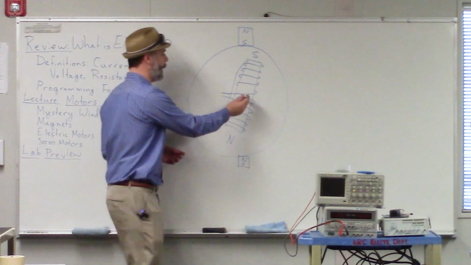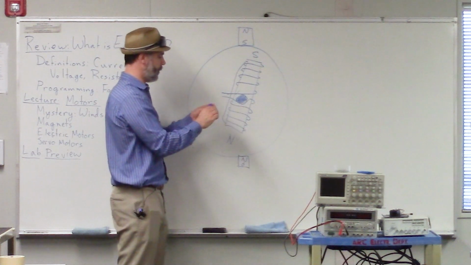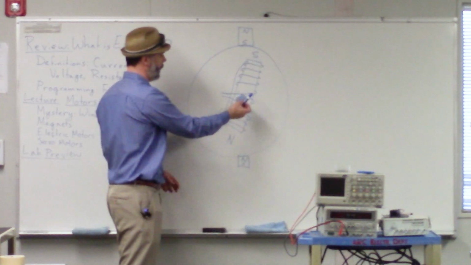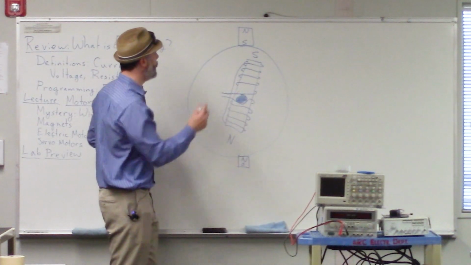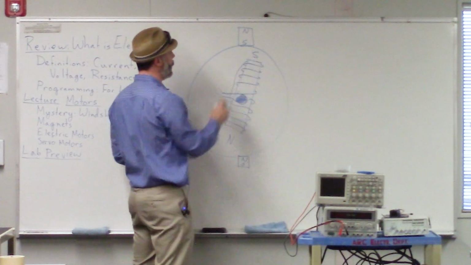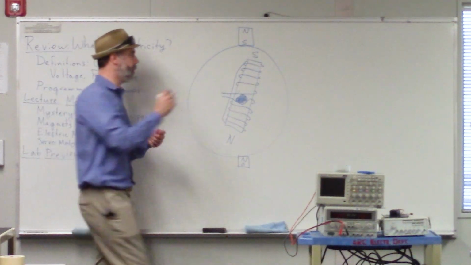So this bar of metal is free to rotate around the axle, and it's trying to turn this axle around. And so what happens is that when you get a south pole close to a south pole, what do they do to each other? Yeah, they push each other apart.